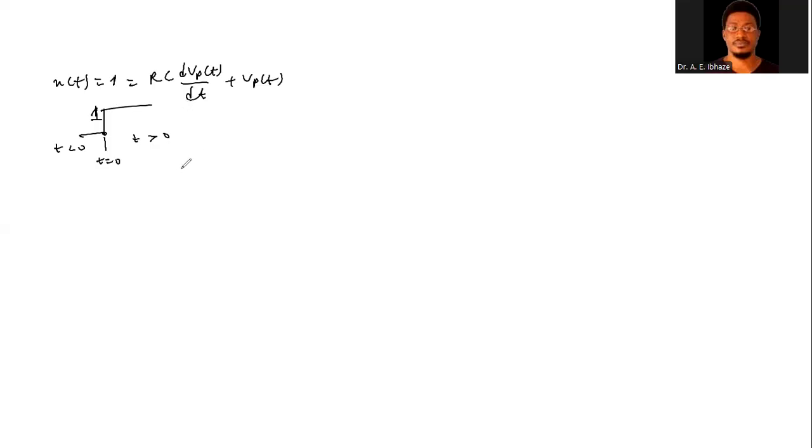The particular solution always depends on the actual input signal, like I mentioned. So now that we have a step function, it means the particular solution is going to be a constant. If we had a sine or cosine input signal, then the output would be a combination of the input and output. Since the particular solution is a function of the type of input, and since we have constant input, it means that the solution Vp of t is constant. Okay, so we can assume this constant to be some value Va.